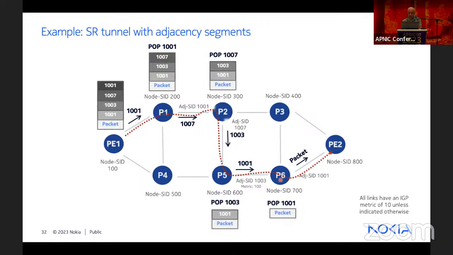So if you use a node SID for P5 and a node SID for P6, then it's going to go up this way. If you said P5 followed by P2 followed by P3, none of that's going to work. So adjacency SIDs are important because they can bypass the shortest path. It forces you down a certain path and then takes you here.